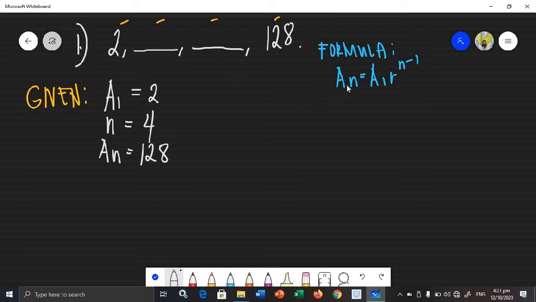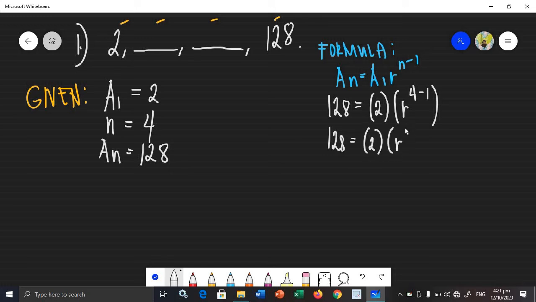Substitute the given in the formula. So, a sub n is 128, a sub 1 is 2, r is what we are looking for, and n is 4 minus 1. Okay? 128 is equal to 2.